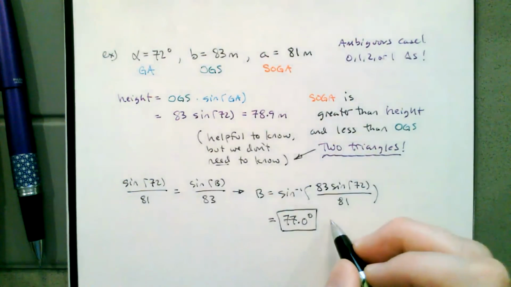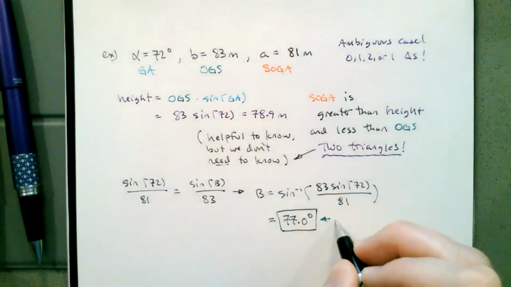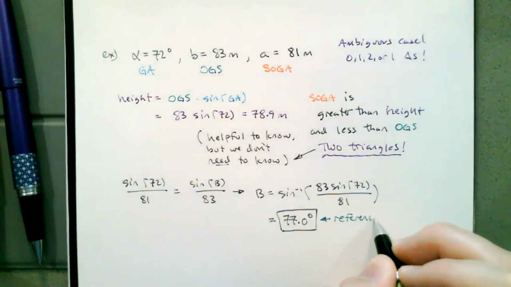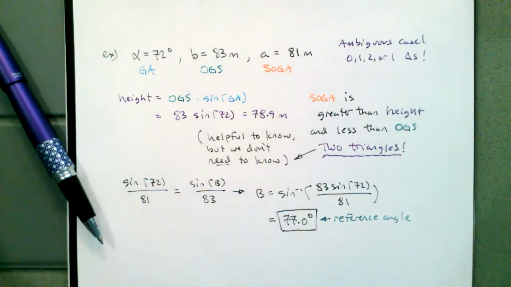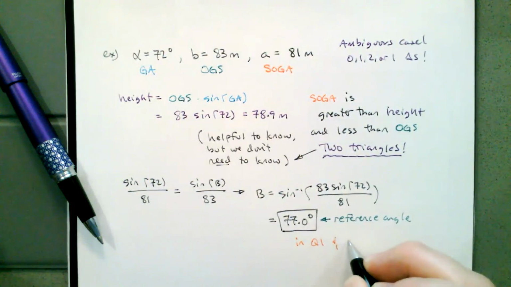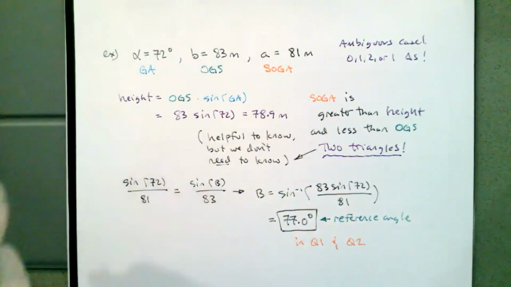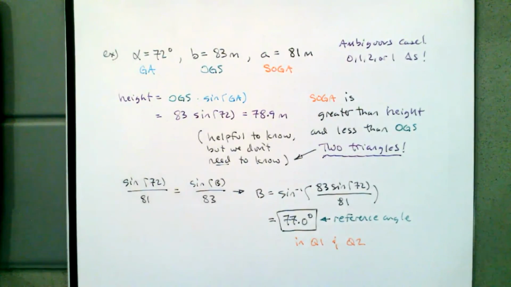So we're going to treat this as a reference angle, a 77.0 degree reference angle in quadrant 1 and quadrant 2. The reason that we have to do this is that angles from quadrant 2 still fit in triangles. In quadrant 2, we have angles between 90 degrees and 180 degrees, and we can still have a triangle with an angle from quadrant 2.